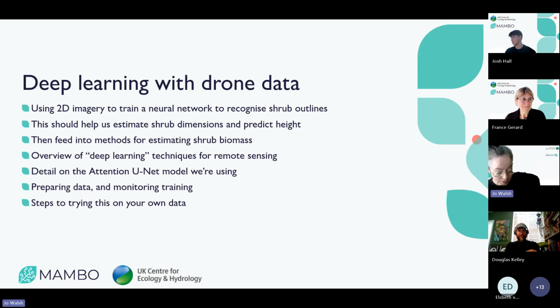So thank you all very much for coming today. I'm going to give a bit of a linkage talk that takes us from the drone data to methods and metrics for estimating shrub biomass.